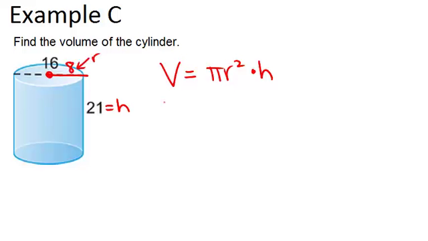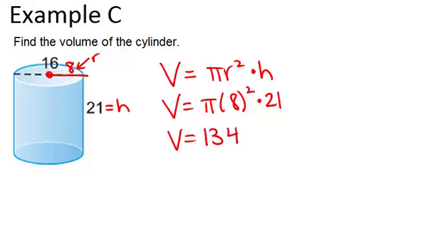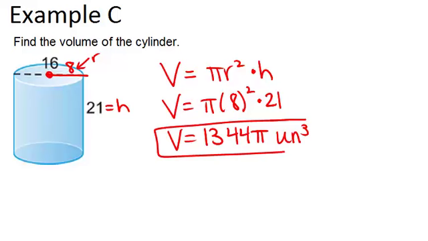So plug those in, and we have pi times 8 squared times 21, which gives us 1,344 pi. And for our units, we want units cubed because we're talking about a volume. And volume is asking you how many little unit cubes would it take to fill up the whole solid.